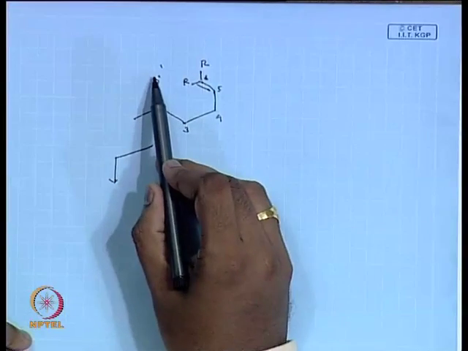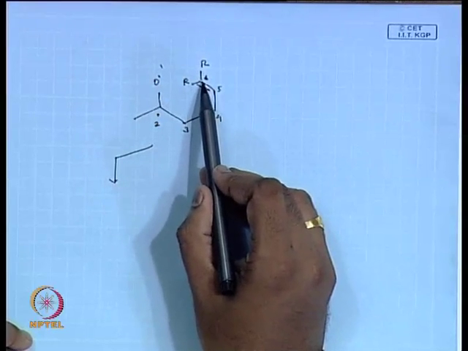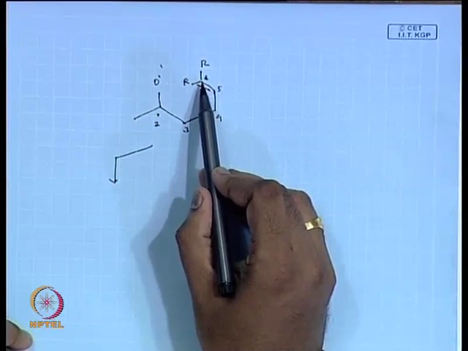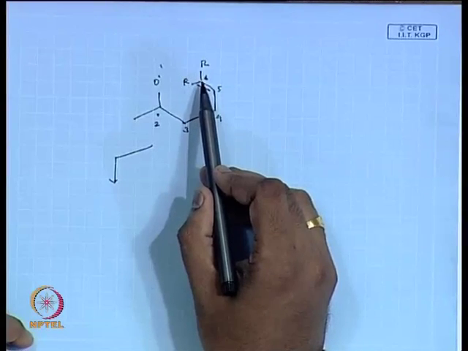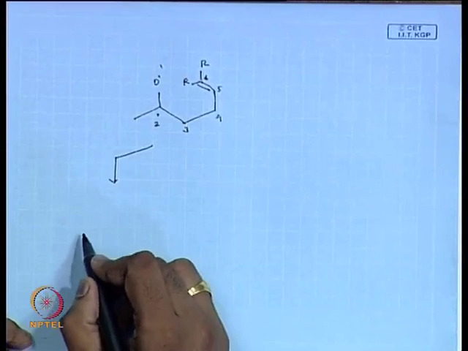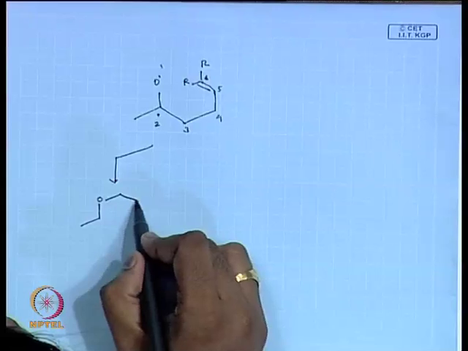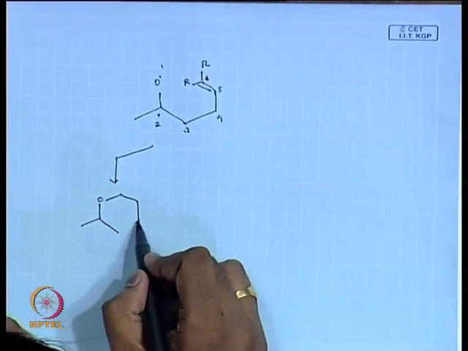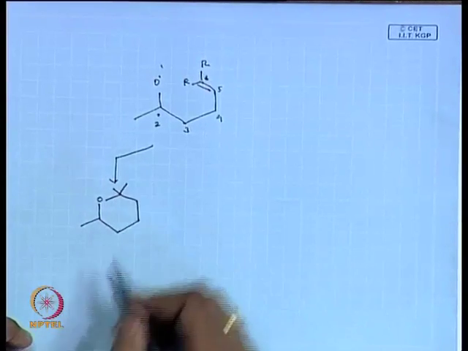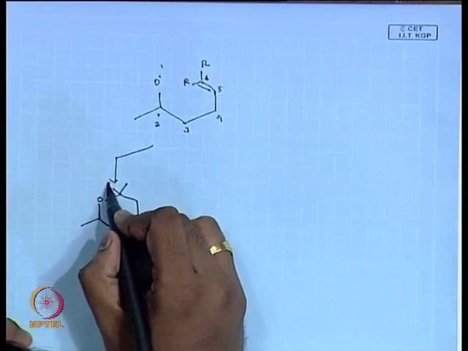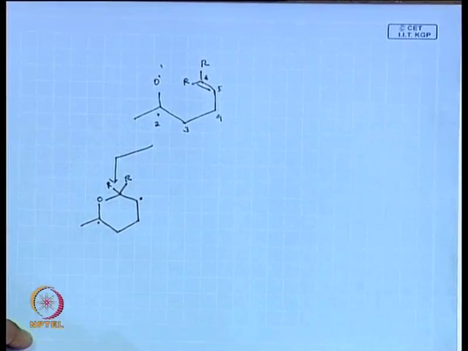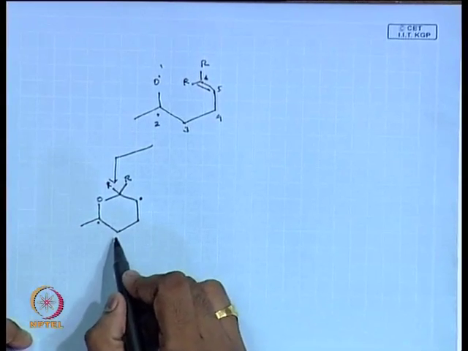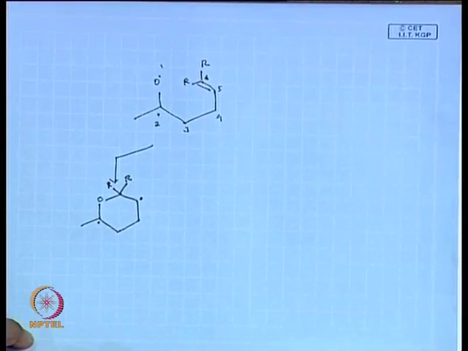One way is that the O dot can add to carbon C6. That is one possibility. So, if it happens, then what do you get? I get a system like this.